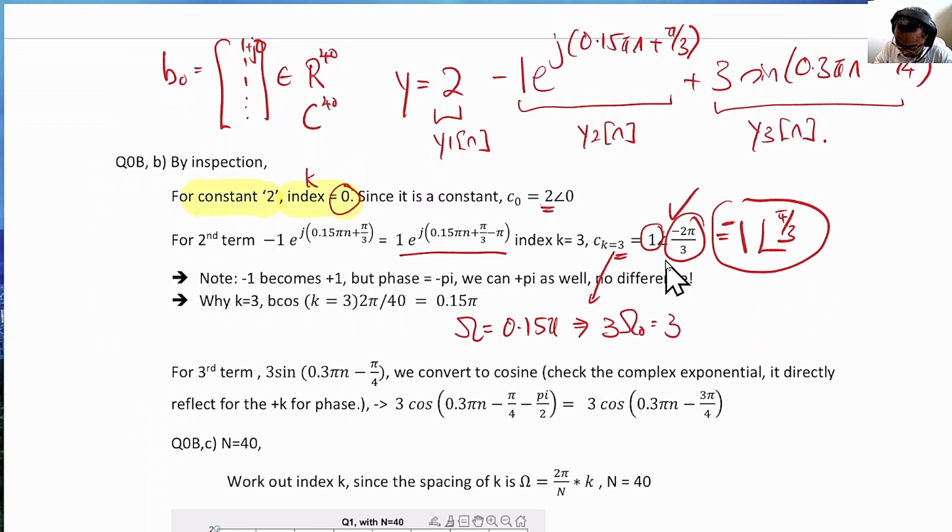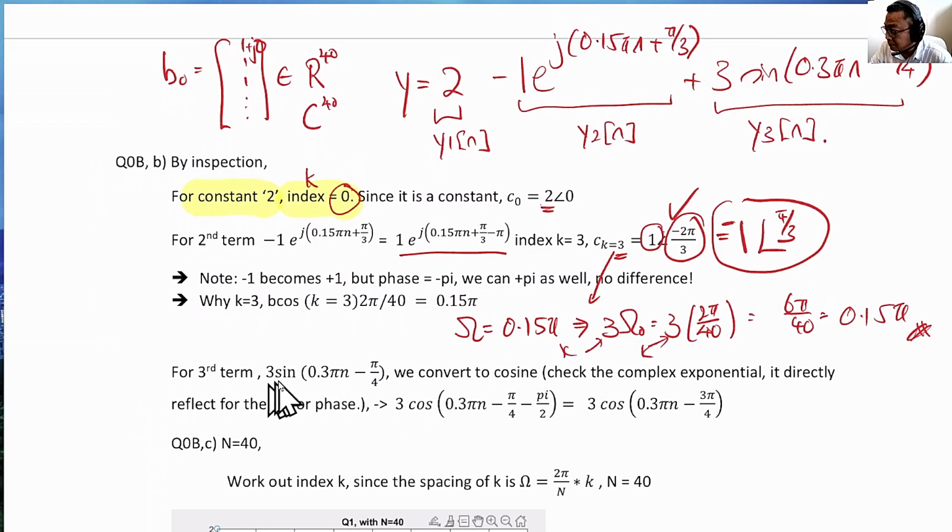Omega naught is 2 pi divided by 40, so 3 times that is 6 pi divided by 40, which is 0.15 pi. So now you understand that k equals 3. K is 3 times the fundamental frequency 2 pi over capital N.